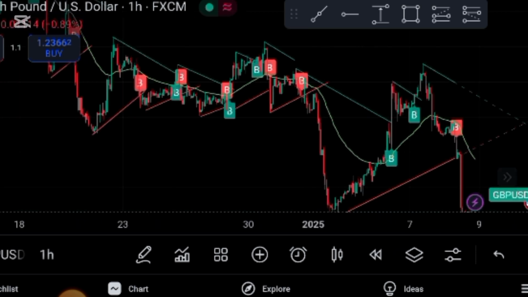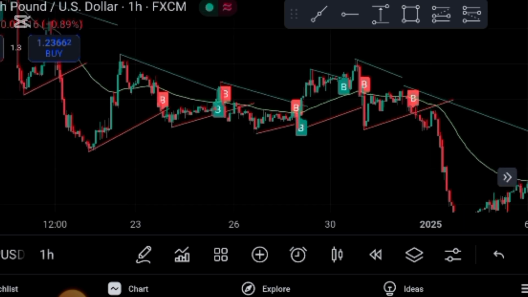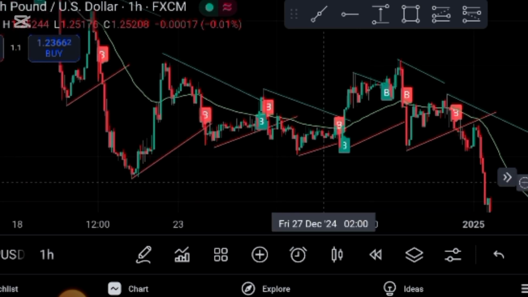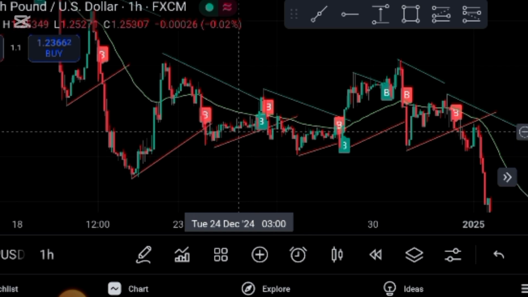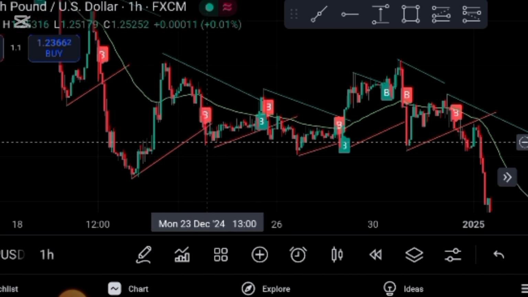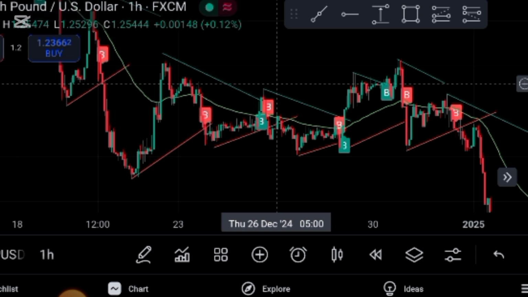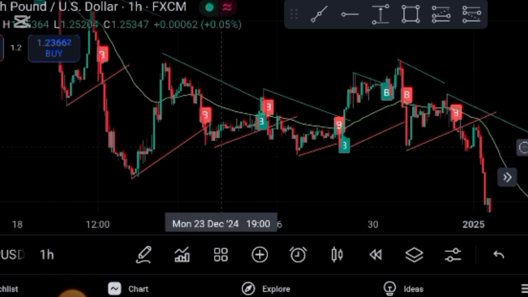Okay, let's look at other examples that could have given you wins or losses. Let's check this one. It is a breakout. You could have made a tiny bit of profit until it stopped you out again. So definitely could have been a bit of a loss when it comes to this one.